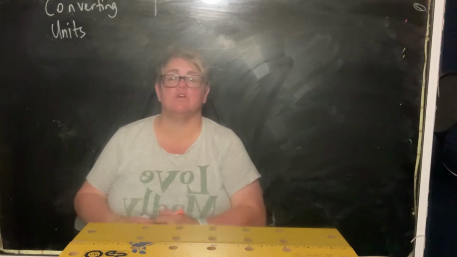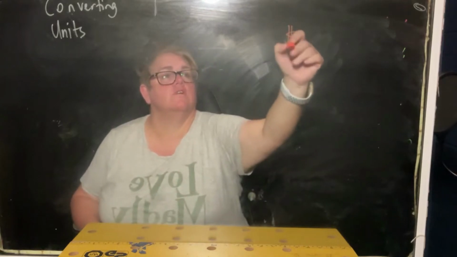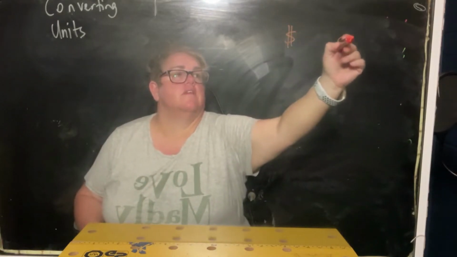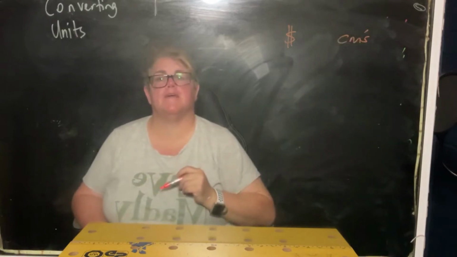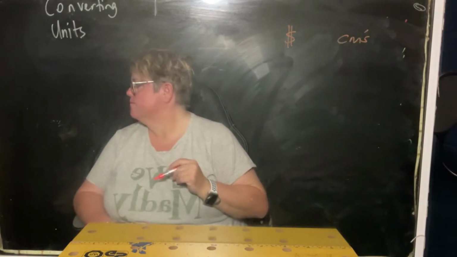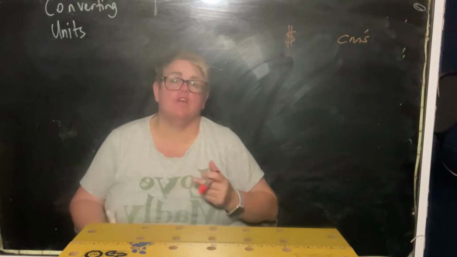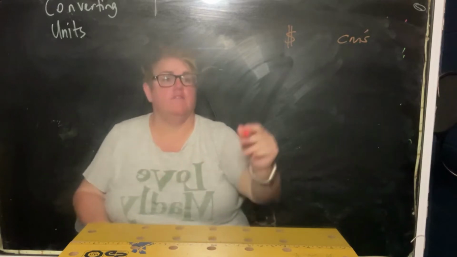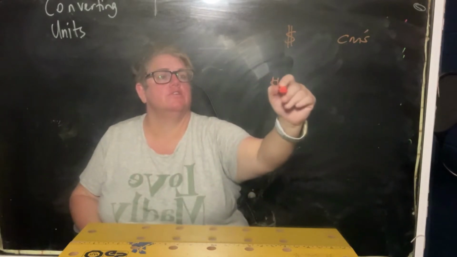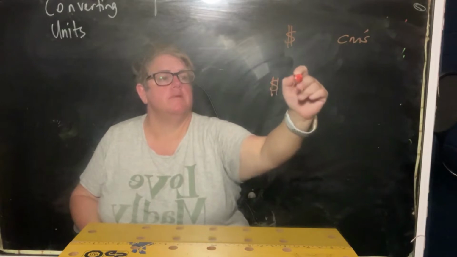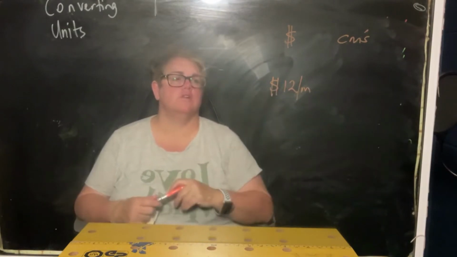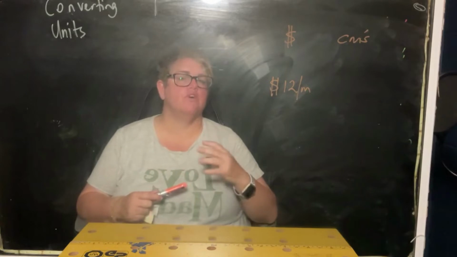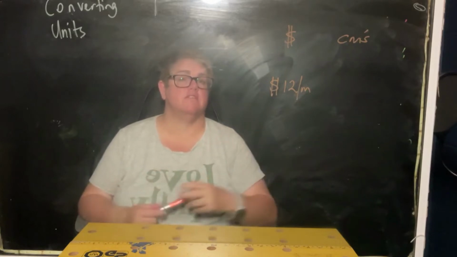Okay, so let's turn our attention now to using money, comparing money to other units of measurement. In this case, we're going to use dollars and centimeters. So let's say we go to the shop and we want to buy some fabric, and this particular fabric is $12 per meter. We want to convert that into what that means per centimeter.